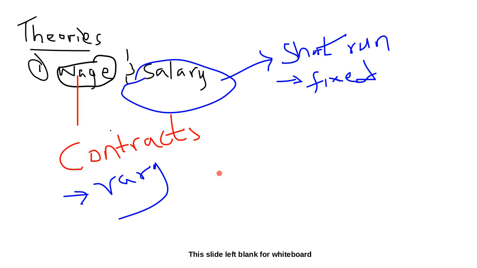So that is the difference. So let's now specifically move to the theories. We have number one theory. We have what we call, I don't know how to spell this word, subsistence.